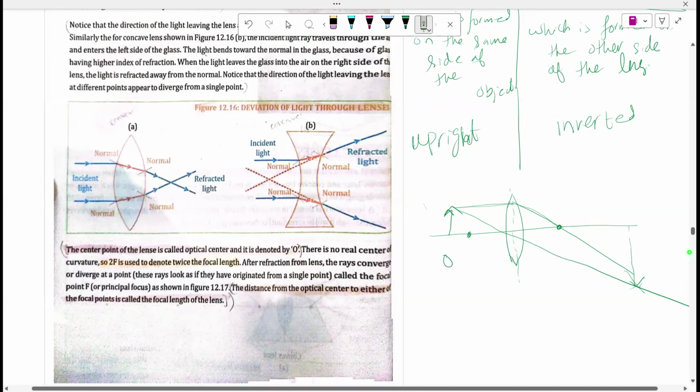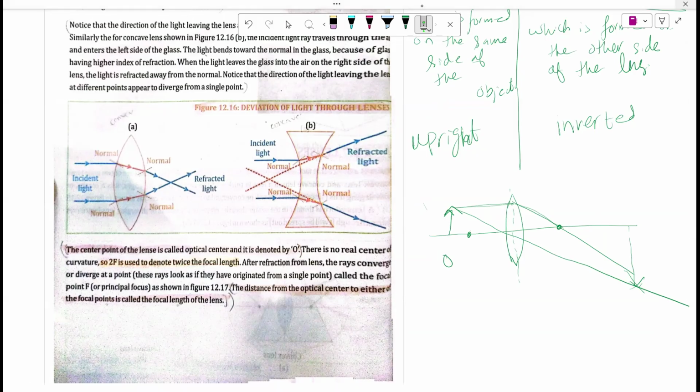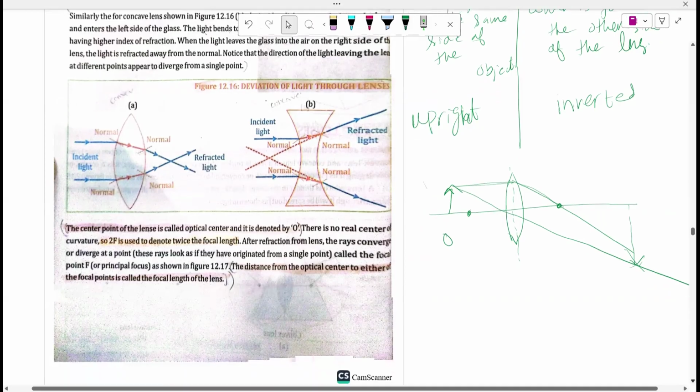When will the virtual image be formed? When you enter the focus point, when we are inside the focus. For example, they have told us in the question that the focal length is 6 centimeter and the object is placed at 2 centimeter. Does it mean it's inside the focus or outside the focus? Inside.